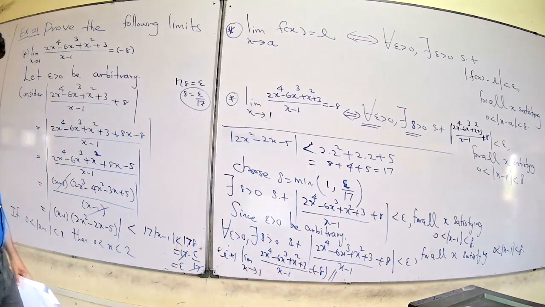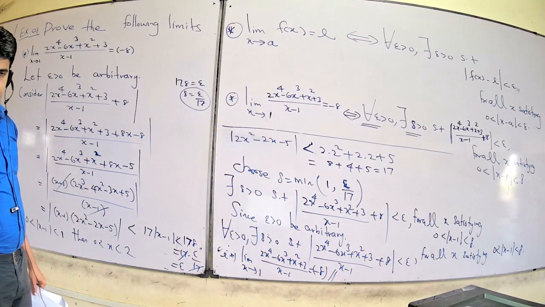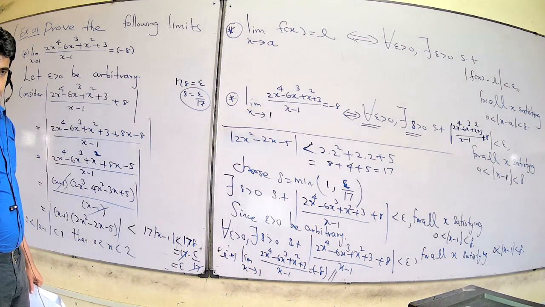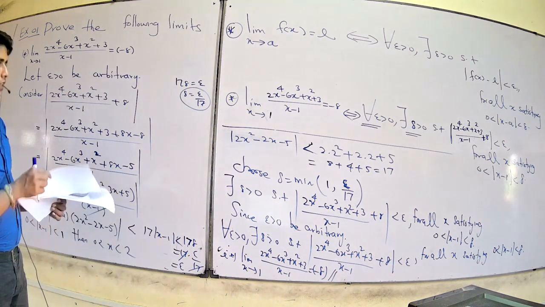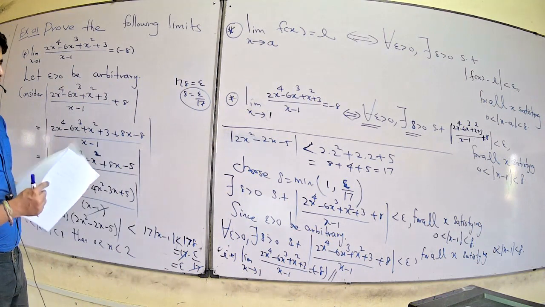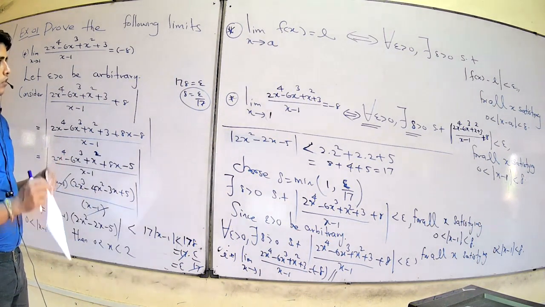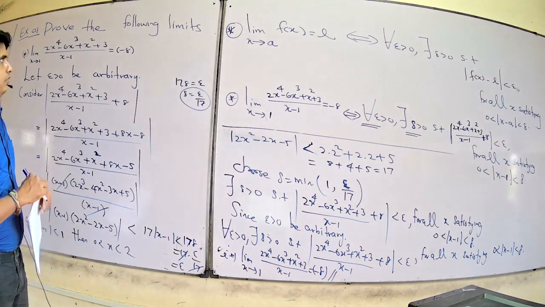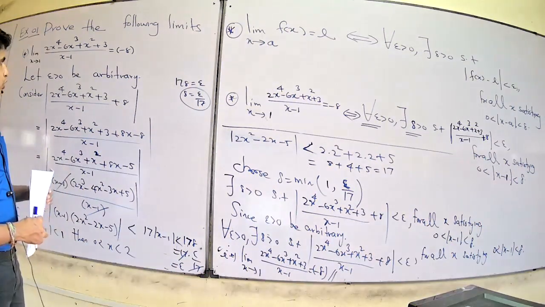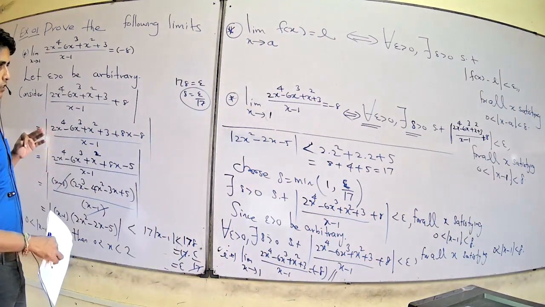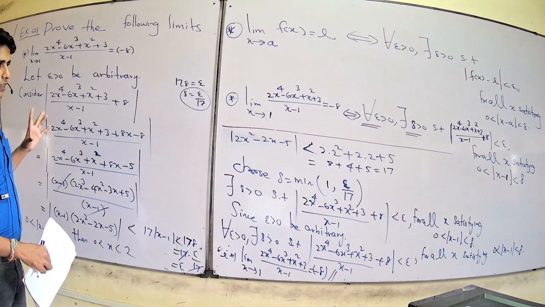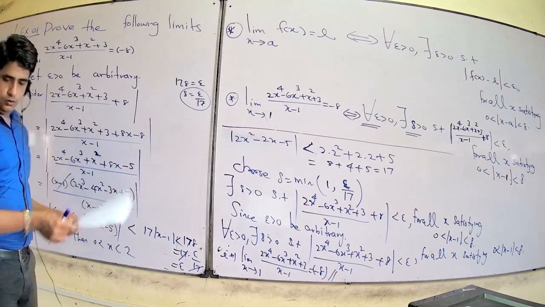It's minus 8. These are some problems based on the limit. If you know the limit value, you want to use epsilon delta, then you can prove the limit condition, right? Okay.